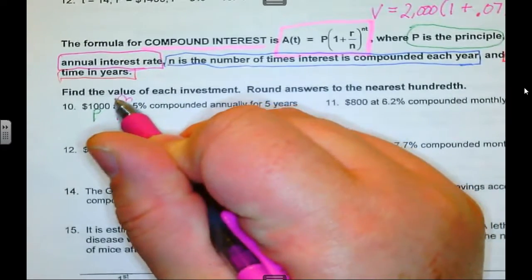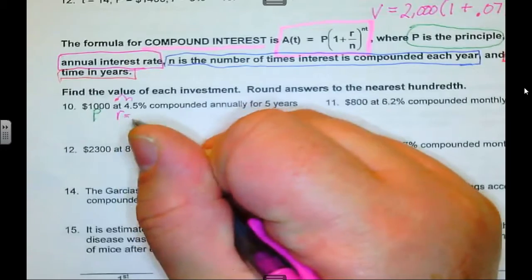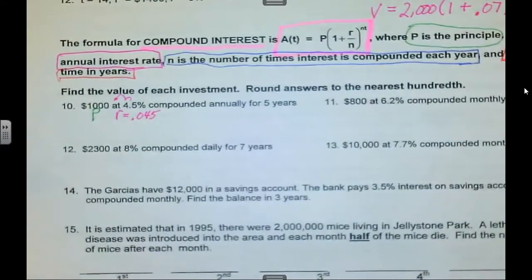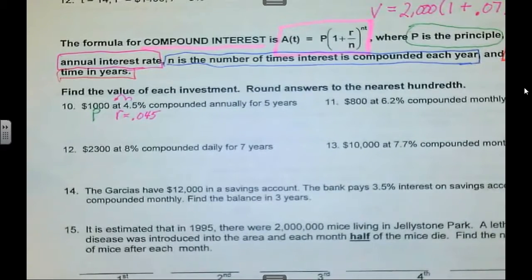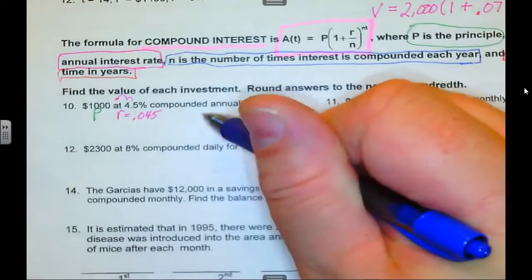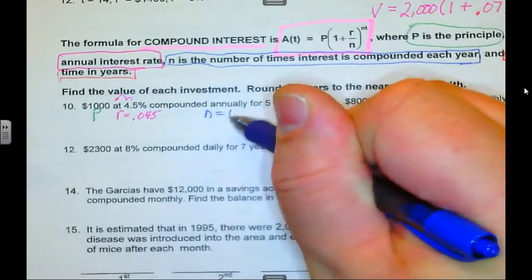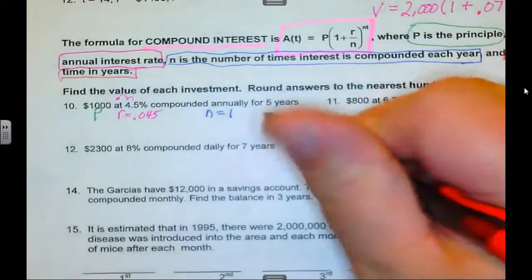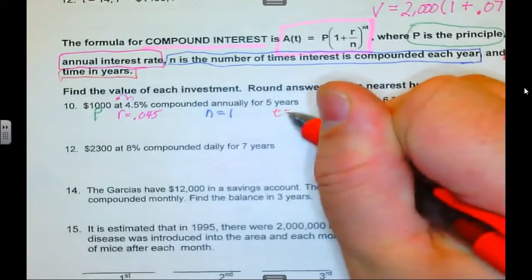So I'm going to have a 0.045. Compounded annually. So if I compound annually, how many times a year is annually? Once, right? So my N equals 1 annually for 5 years. And the years is going to be my T. So T equals 5.